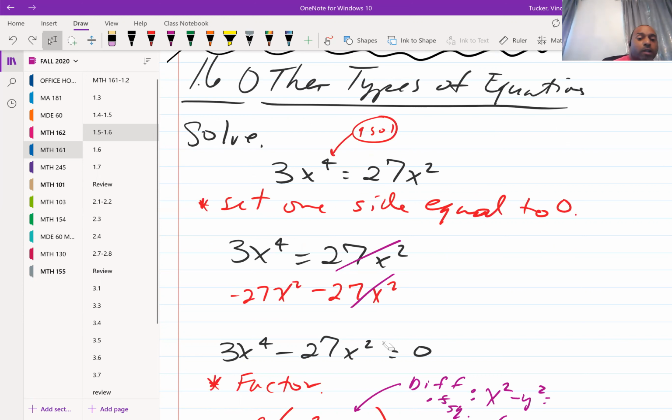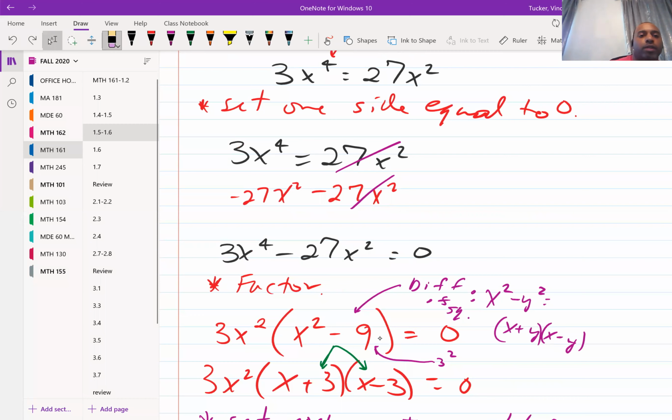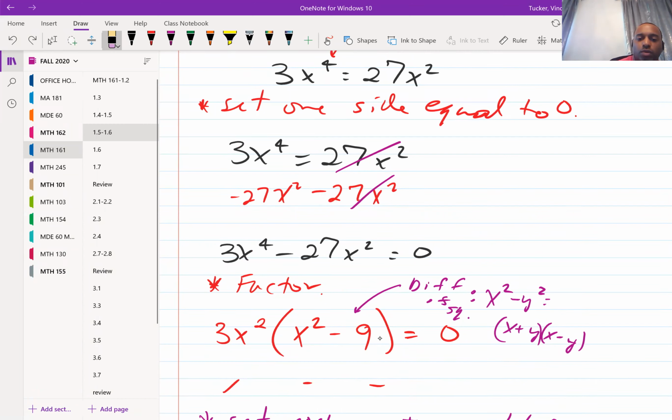And then like we did last class, we can factor. Our first factorization would be 3x squared times x squared minus 9. We just pull 3x squared from each term.